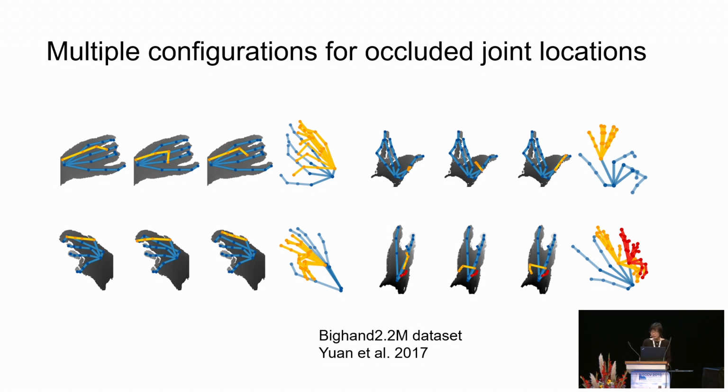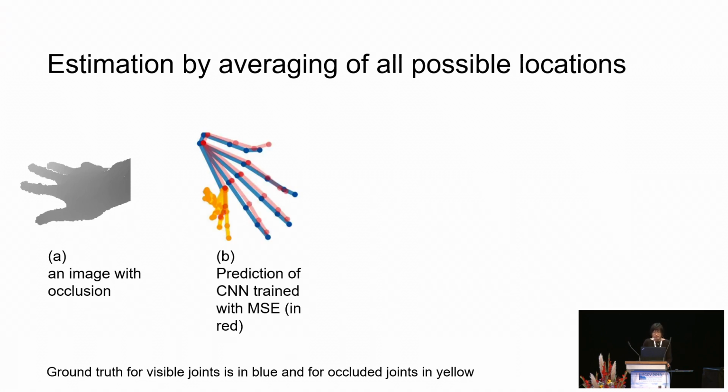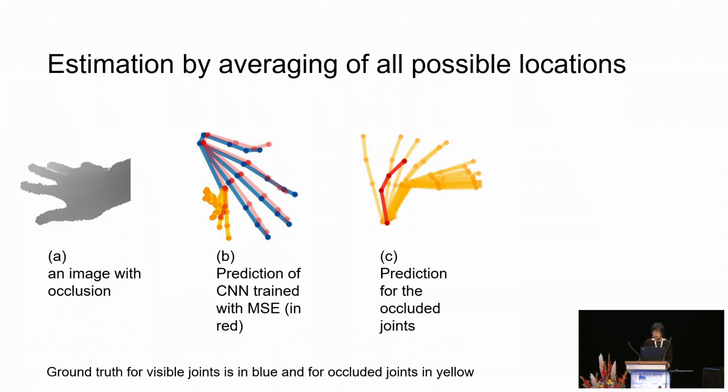So what will happen? For example, if we use the CNN trained with a mean squared error. For this image, the red skeleton is a prediction from the CNN trained with a mean squared error. We can see for the visible joints, the prediction is quite close to the ground truth, while for the occluded joints, it is not close to any.